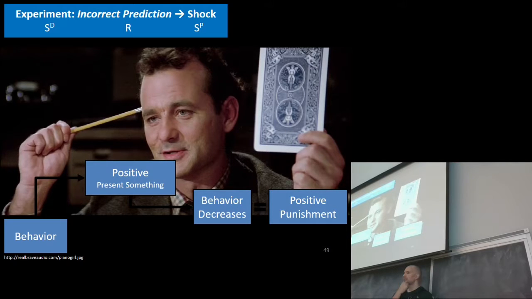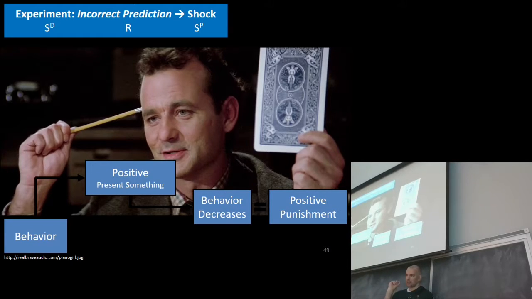So I would say technically this would just be a positive contingency, because if there's no change in behavior, because the probability doesn't go down, technically it wouldn't be positive punishment. So that's a good catch on that.